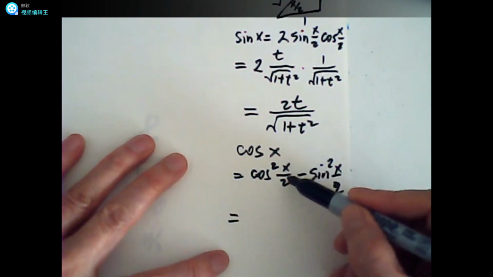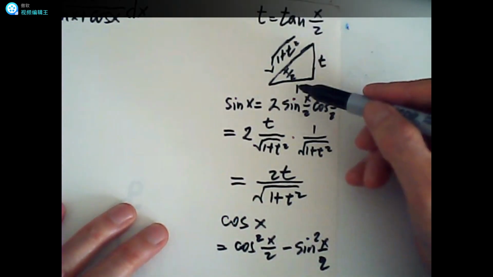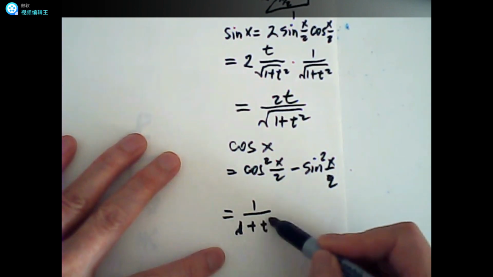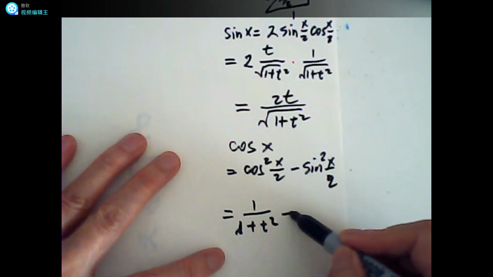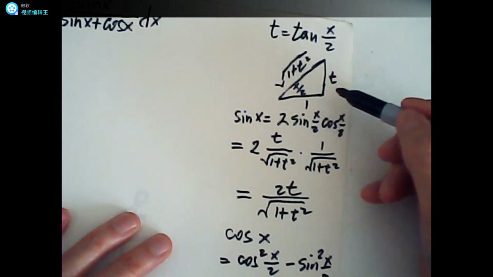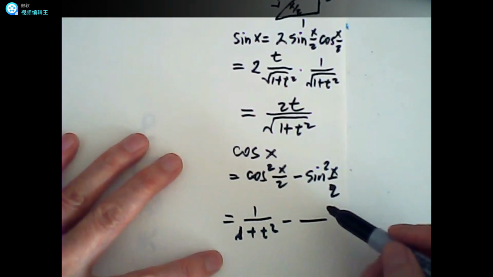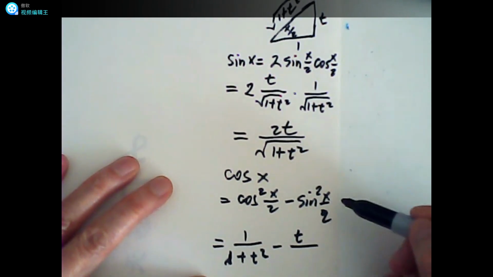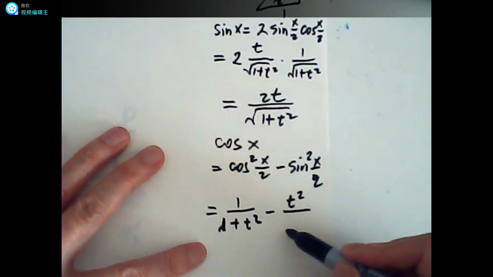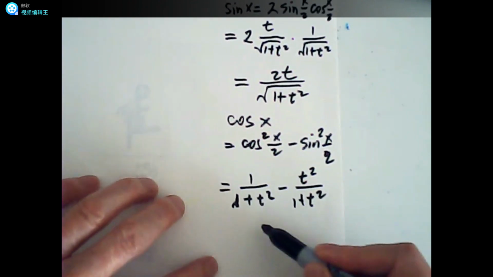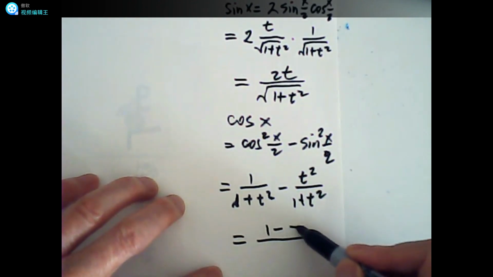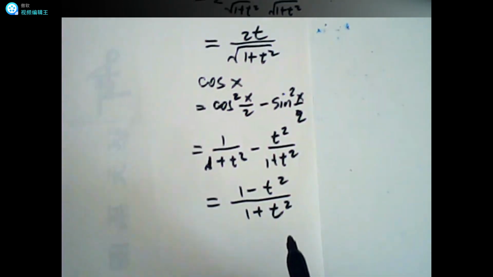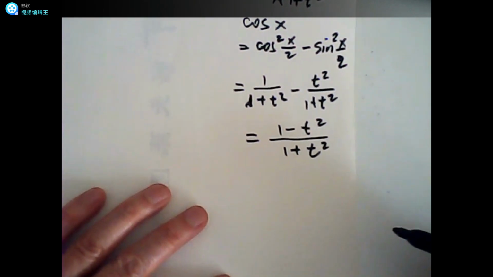Cosine squared is 1 over 1 plus t squared, and the sine squared is t squared over 1 plus t squared. So this is equal to 1 minus t squared over 1 plus t squared. So we get cosine.